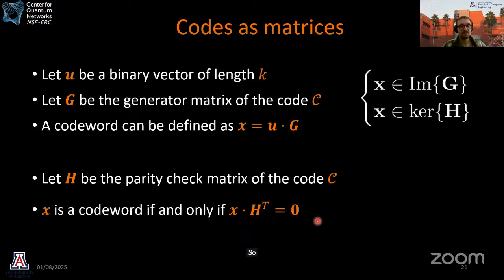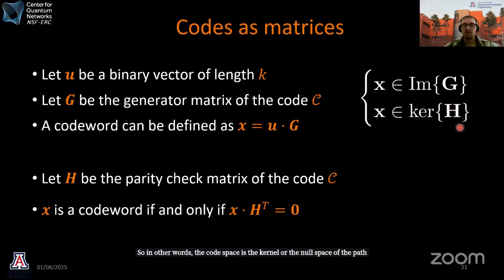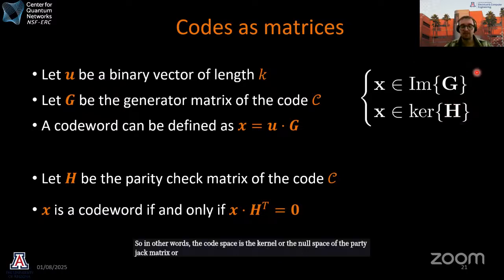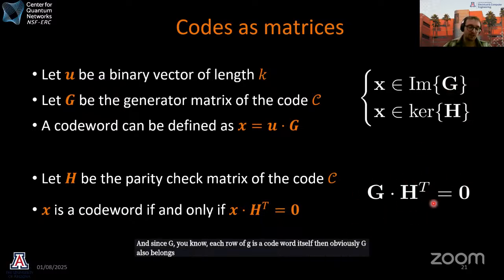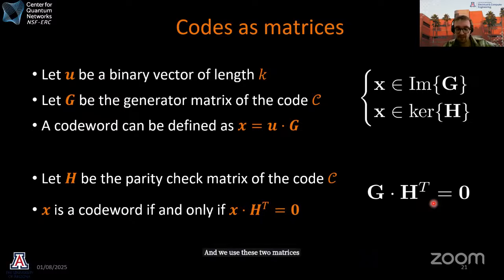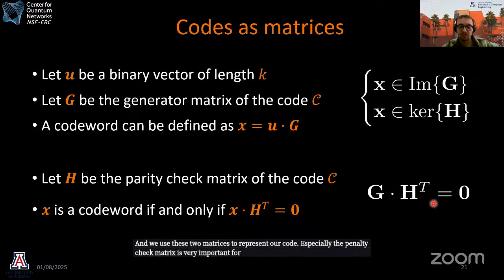In other words, the code space is the kernel, or the null space, of the parity check matrix, and the image, or the row space, of the generator matrix G. And since each row of G is a code word itself, obviously G also belongs to the null space of H. We use these two matrices to represent our code. Especially the parity check matrix is very important for low density parity check codes, as we will see later.